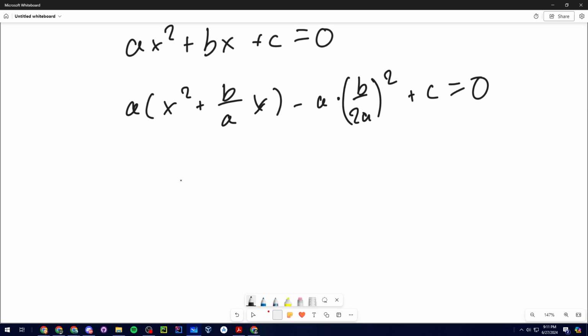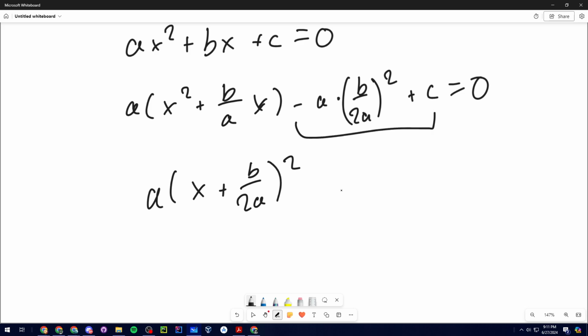So skipping a couple intermediate steps, we just have a times x plus b over 2a, squared. And then this other stuff is honestly kind of yap, right? The whole point is we have our vertex form: a times x plus b over 2a, plus the y naught, and that's just equal to y.